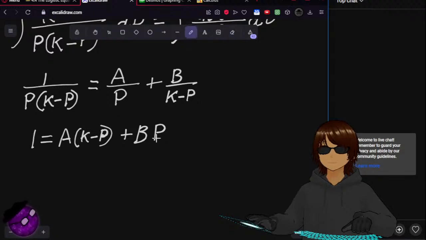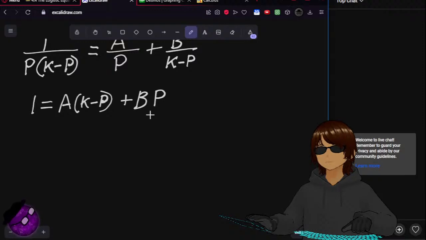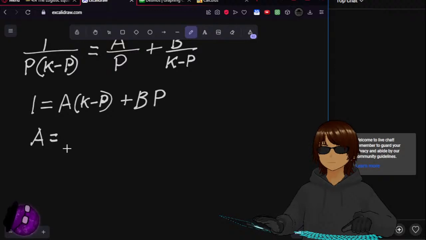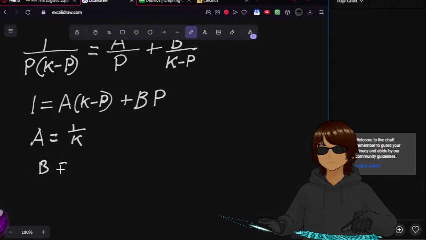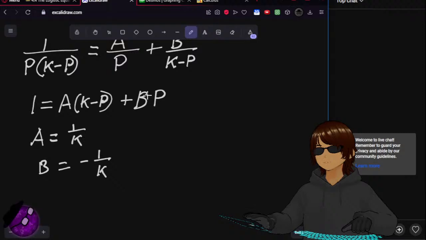B, P. P is equal to 0. A is equal to 1 over K. Then if P is K, then B is 1 minus... let me think about this. P is 0.